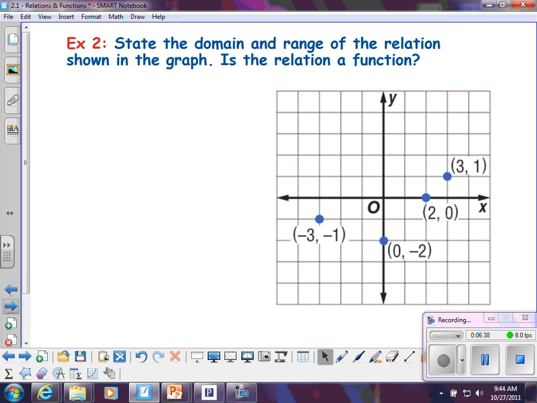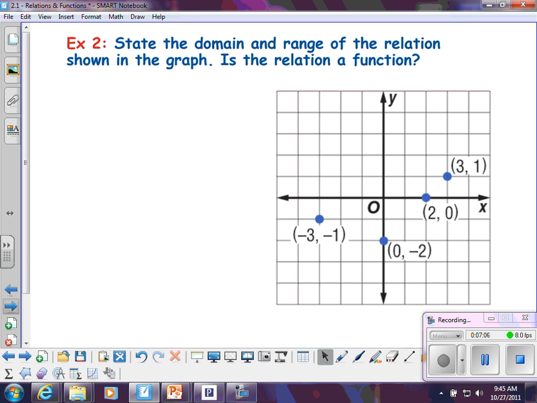If you have (2, -6), (3, 2), and (2, -5), did you hear I said 2 twice with the x's? It's not a function. So when your x value has two of the same numbers, it's not a function. If your y value is repeated, it doesn't matter because it has a different x, okay? But if your x is repeated, it's not a function, okay?